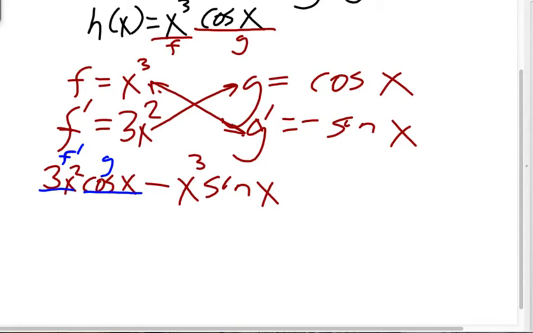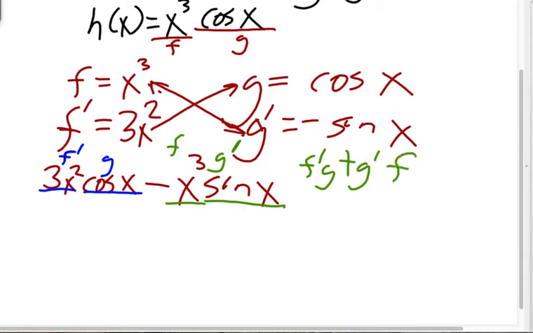Now I go in and see if there's something I can factor out. Before I do that, let's come back in. There's my x cubed, that is f, and that is g prime. So there's my product rule, f prime g plus g prime f.